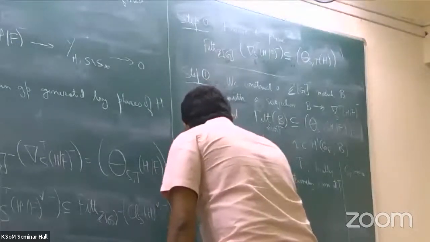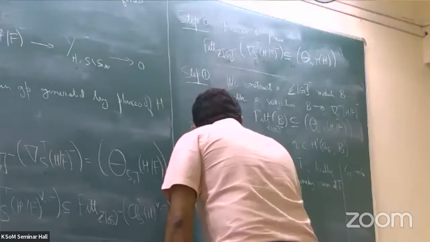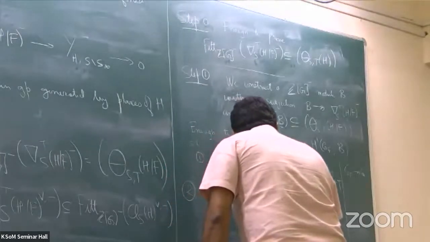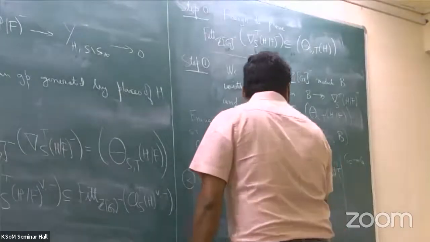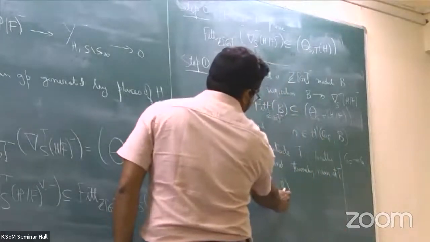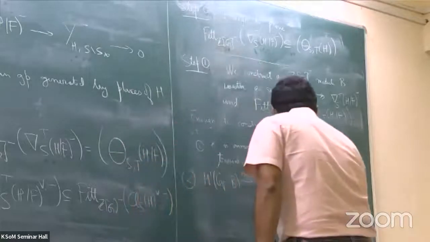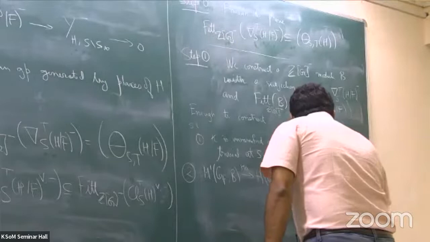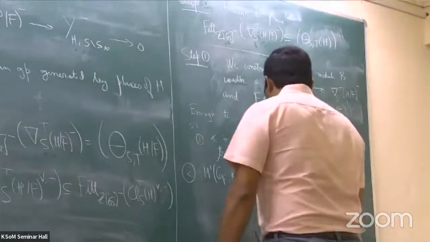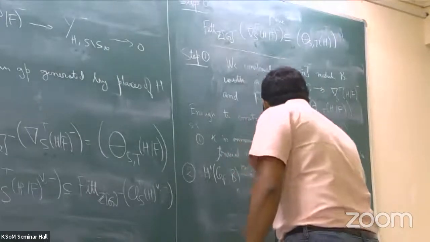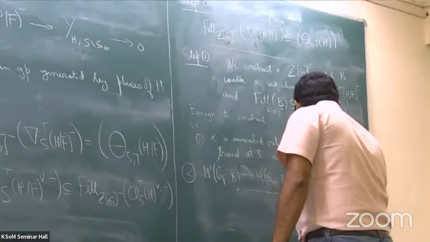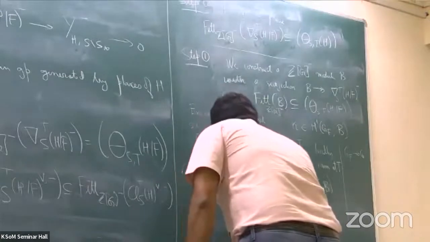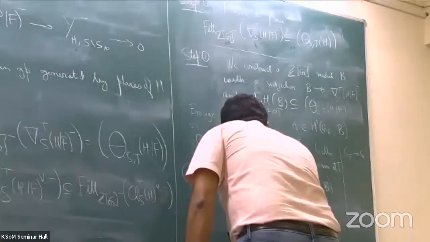So you have a restriction map from F to H. But now this is a ZG module, right? So GH acts trivially on B. So this is actually Hom from GH to B, and kappa here goes to, let's say, kappa bar, and B0 is the image of kappa bar.